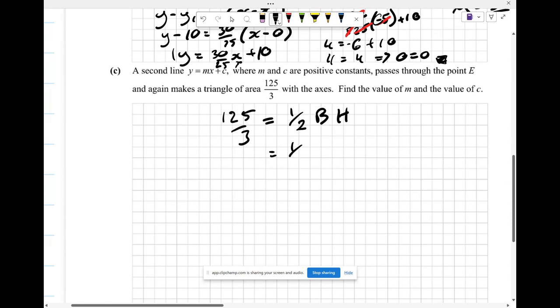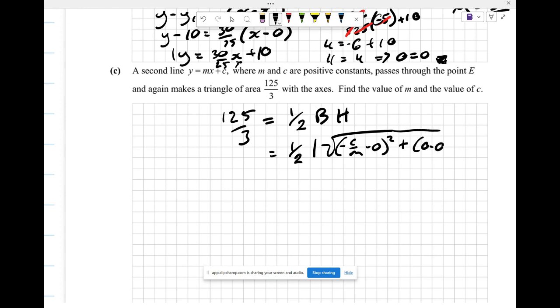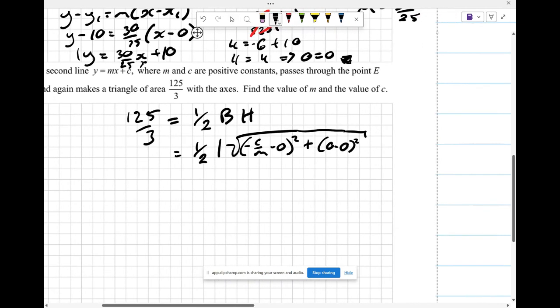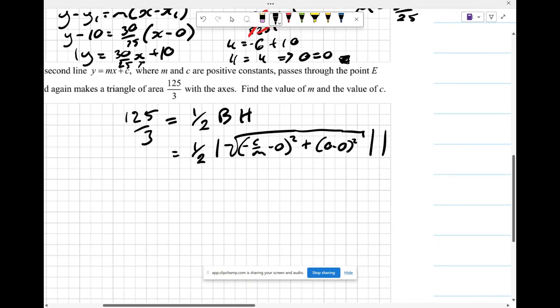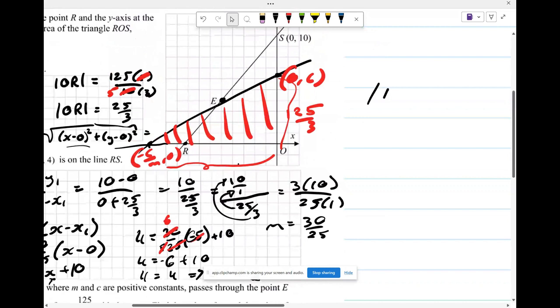So that's a half times the distance between -c over m minus 0 squared plus 0 minus 0 squared. And then that's going to be times our height, same as before, this time is 10, this time is just going to be c.